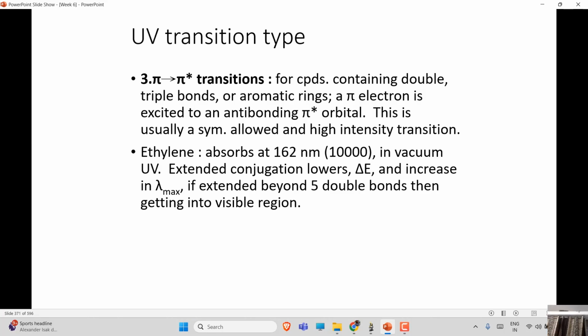A pi electron is excited to an antibonding pi star orbital, and this is usually a symmetry allowed and high energy transition.